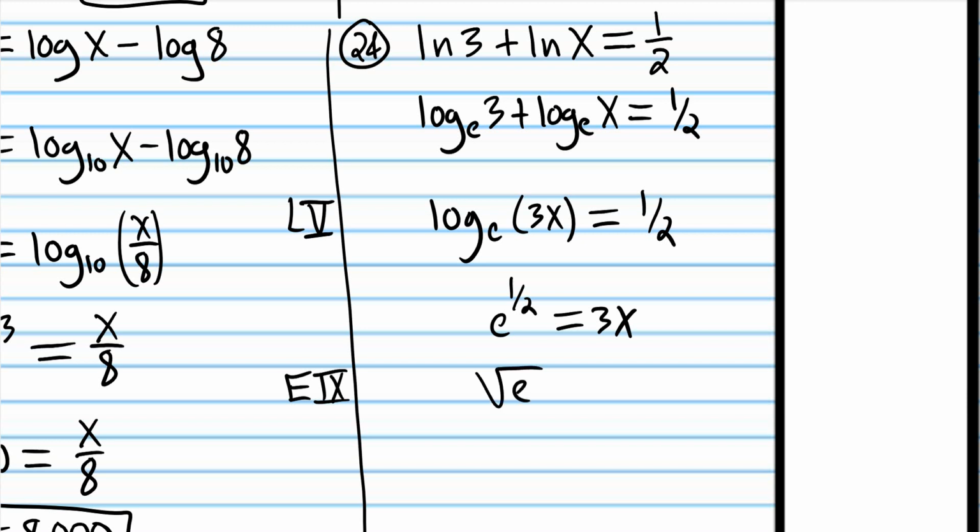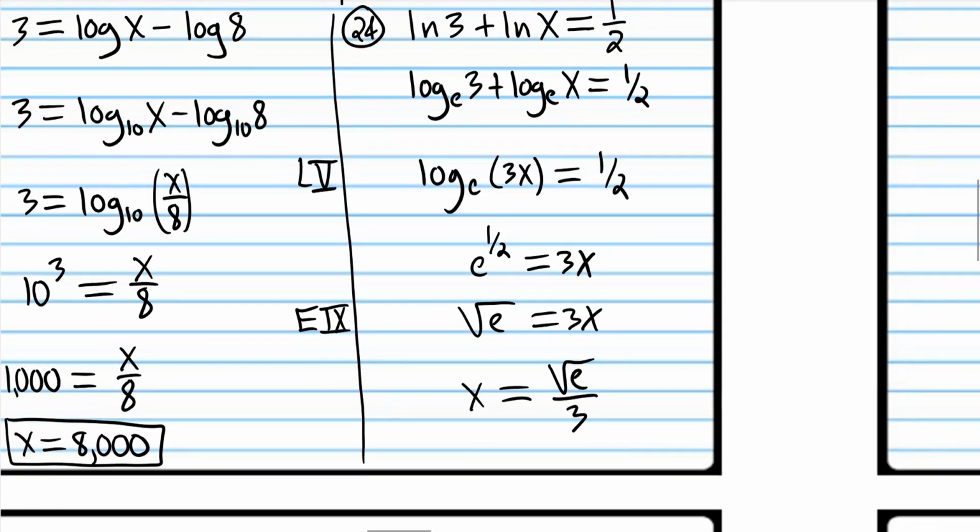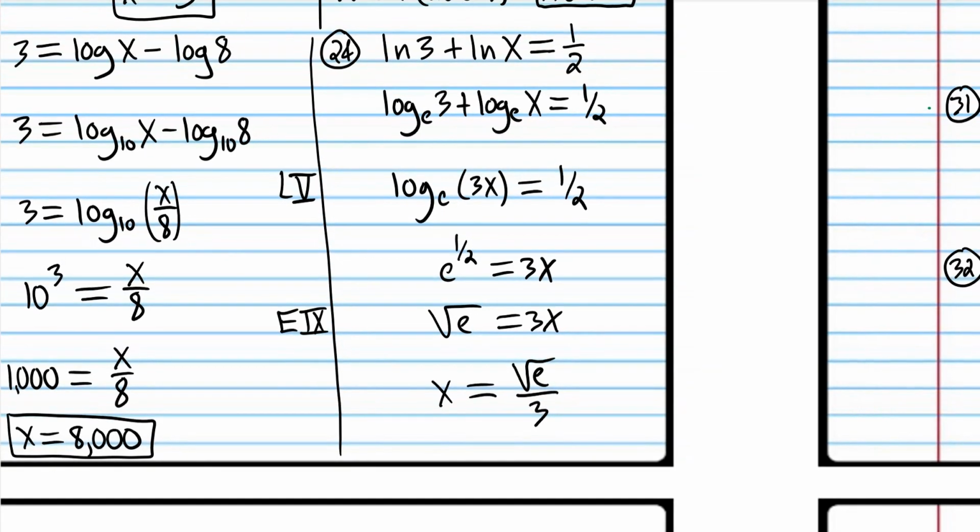That means square root e. Remember that? So now we're going to divide both sides by 3. I'm going to go ahead and flip the equation around. So we have x is equal to root e divided by 3.